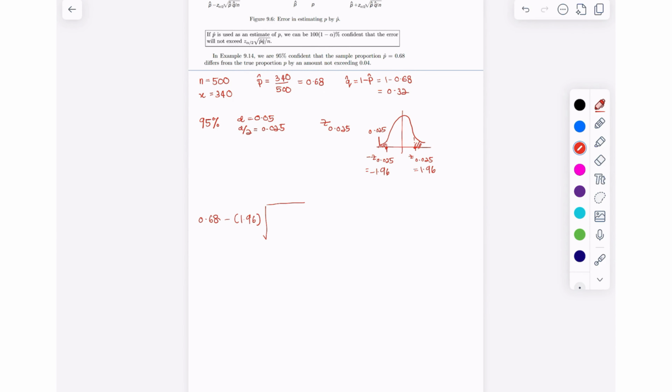P hat 0.68 multiplied by Q hat 0.32 divided by n, which is 500. This is less than the true proportion. The upper bound is actually the same thing but with plus.